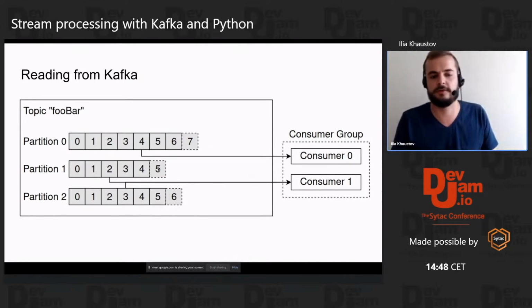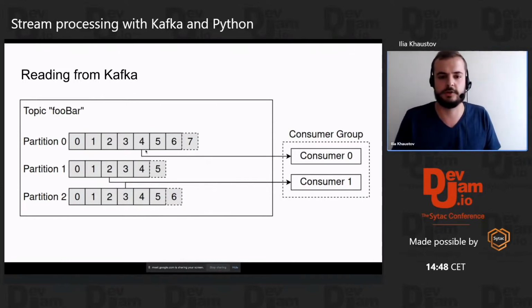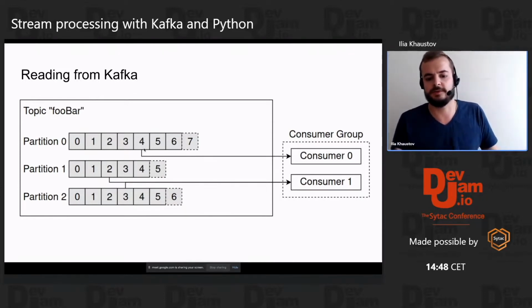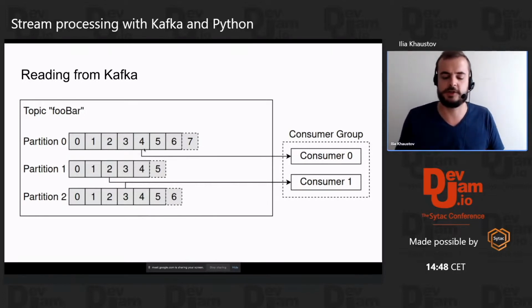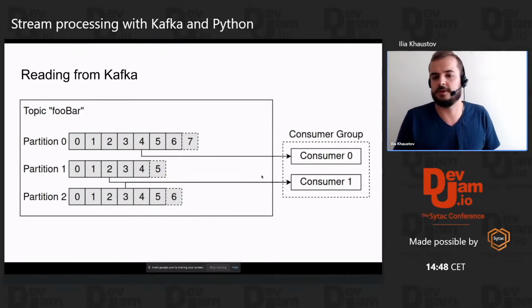So Kafka would remember that for this consumer group, this offset is committed for this partition. So next time they come to me with fetch requests, I will return records after that offset.